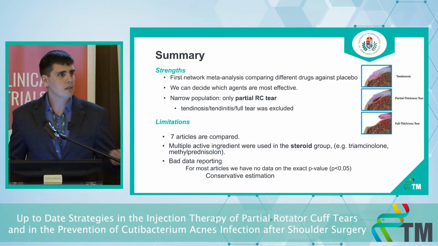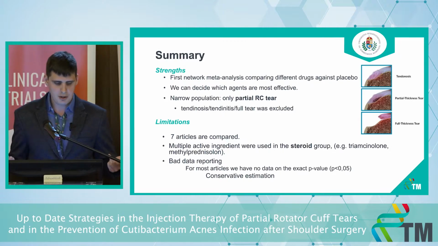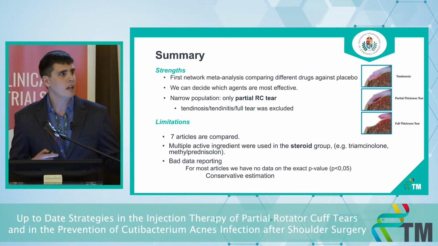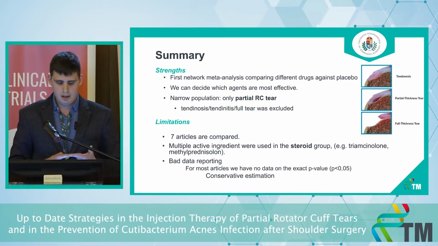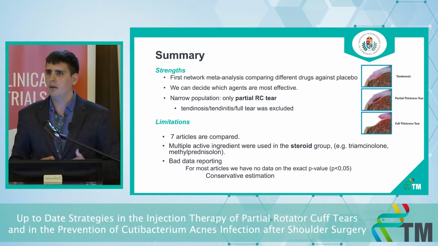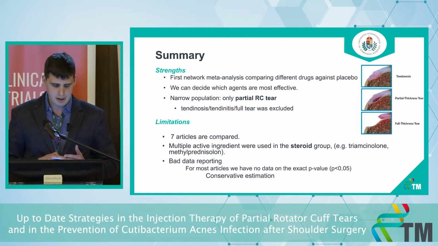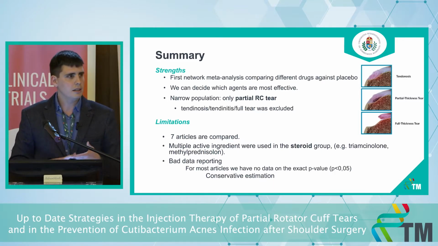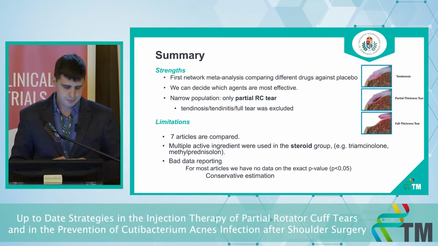Summary: of course, our study has strengths and limitations. The strength is that we compare different drugs against placebo. We can decide which agents are the most effective, and we investigated only partial rotator cuff tears. It's really important. We excluded tendinitis, tendinosis, and full tears.